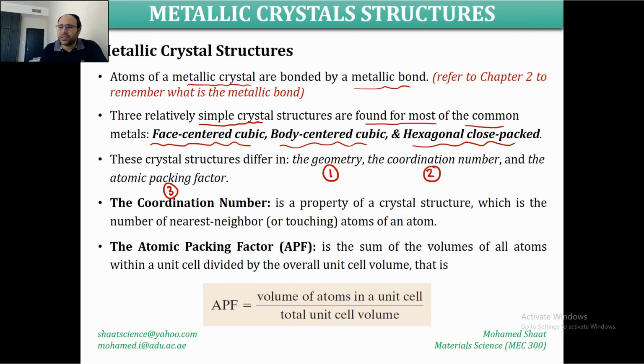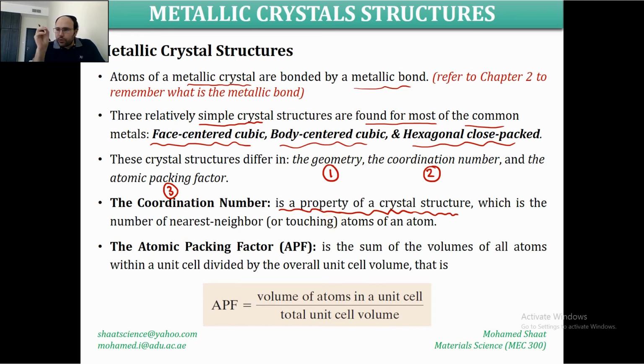Also, they are different in something we are going to call the coordination number. This coordination number is simply a property of the crystal. It is something that distinguishes one crystal from another, and it depends on the way of arranging the atoms. So it doesn't depend on the atom type.